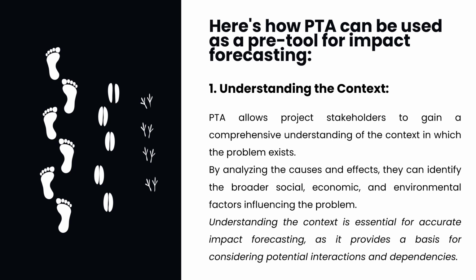By analyzing the causes and effects, we can identify the broader social, economic, and environmental factors influencing the problem. To put it simply, understanding the context is essential for accurate impact forecasting, as it provides a basis for considering potential interactions and dependencies.